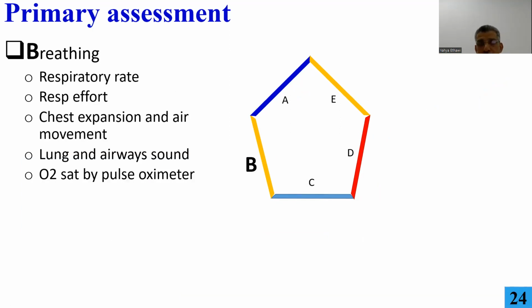Now we do breathing. A, B. When we assess breathing, remember, evaluate, identify, intervene. Our evaluation will be respiratory rate, respiratory effort, whether there is increased work of breathing or not, chest expansion and air movement, lung and airway sound, and oxygen saturation by pulse oximetry.